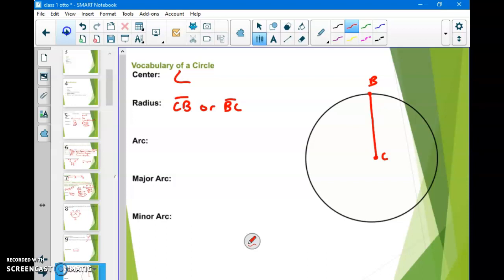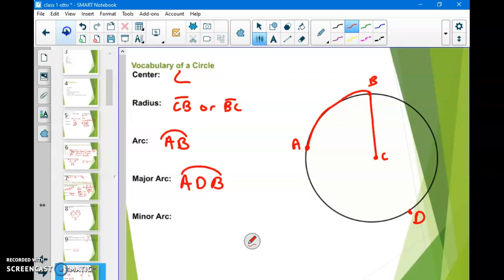If I drew a point right there, A, we would call this arc AB. And notice the symbol for arc is an arc over the letters.